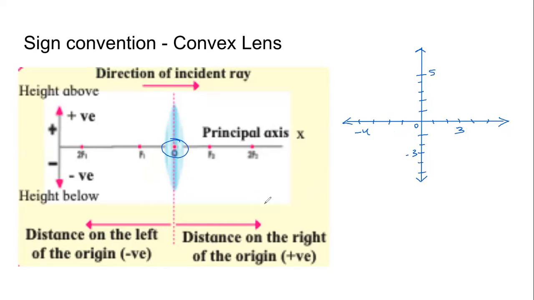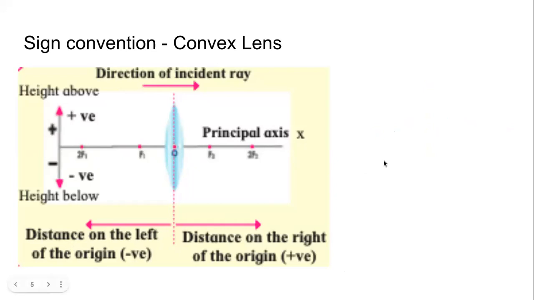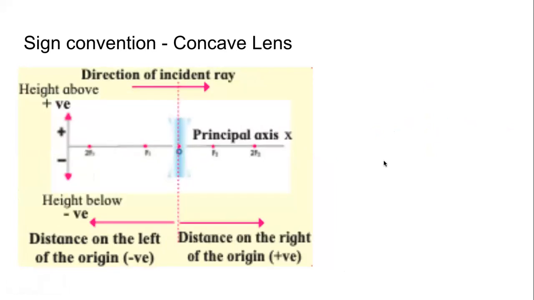And the same system is used even when we have a concave lens. Same system, same convention. Convention means क्या कहेंगे हिंदी में इसको, tradition, ऐसा माना जाता है. And this is agreed upon across the world. So whether it is a concave lens or a convex lens, we use the same system.